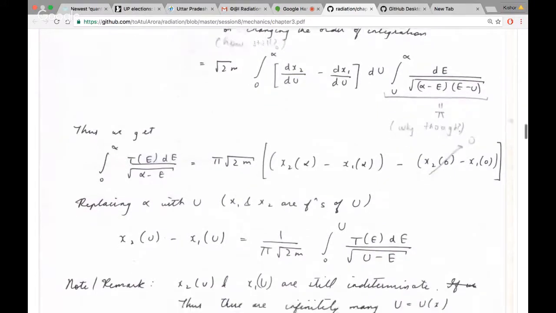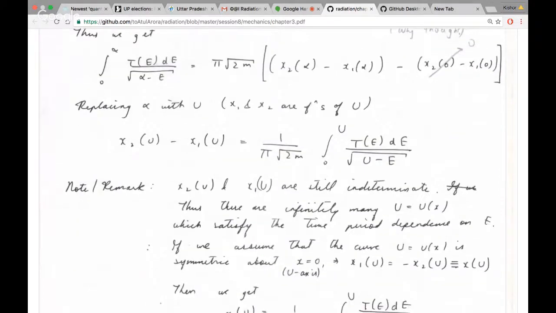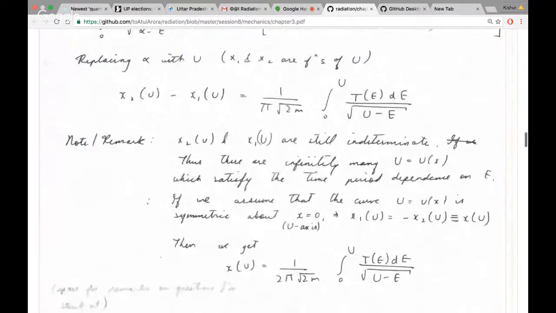So replacing alpha with u, x1 and x2 are functions of u, we get x2 u minus x1 u equal to 1 by pi under root 2m, integral 0 to u, T dE by under root u minus E. Simply replace alpha by u. So x2 u and x1 u are still indeterminate.